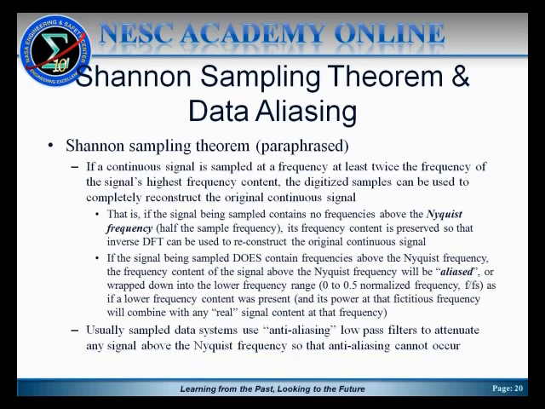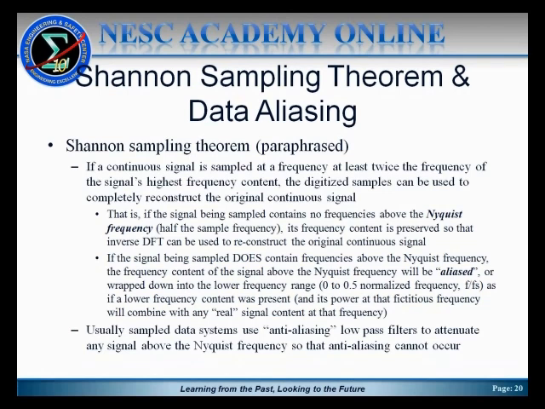Or, said another way, if the signal being sampled contains no frequencies above the Nyquist frequency, which is defined as half the frequency that you're sampling it at, the frequency content is preserved. So you can use an inverse DFT to completely reconstruct the original continuous signal.